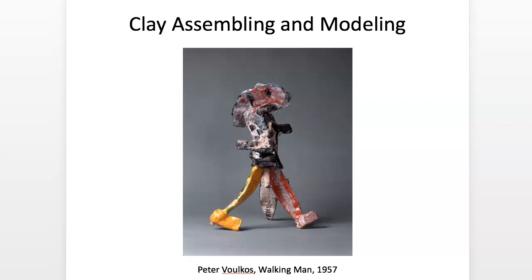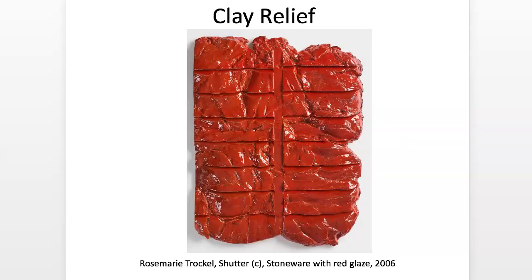Well, modeling is kind of interesting because it's essentially a building up process, so it's additive, and it grows organically from the inside by adding and adding. And with clay, it works really well that you could actually add and then carve away. So you could do assembling by making preformed pieces and then slipping and scoring them, modeling by building it up and up from the inside, and then carving back into it. Pretty interesting. Clay also has the ability to be cast, which we'll talk about in a second.